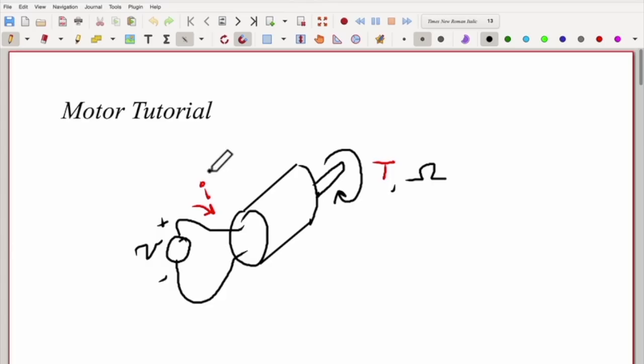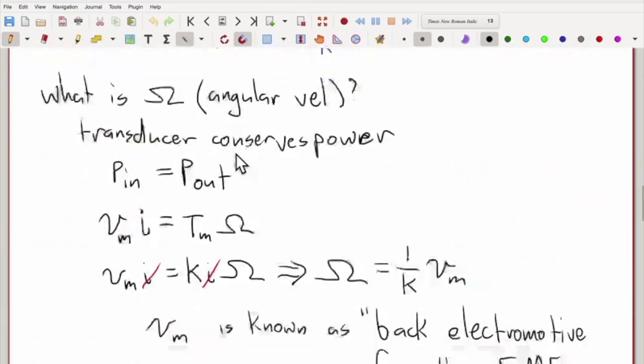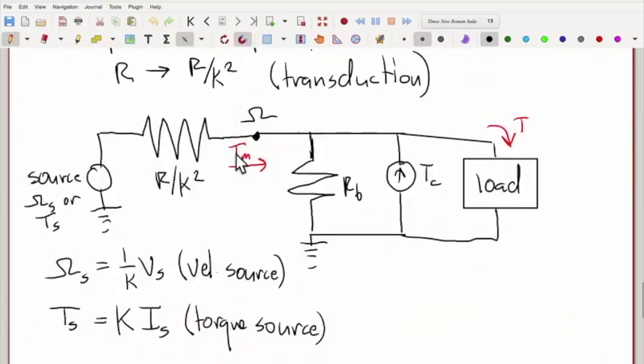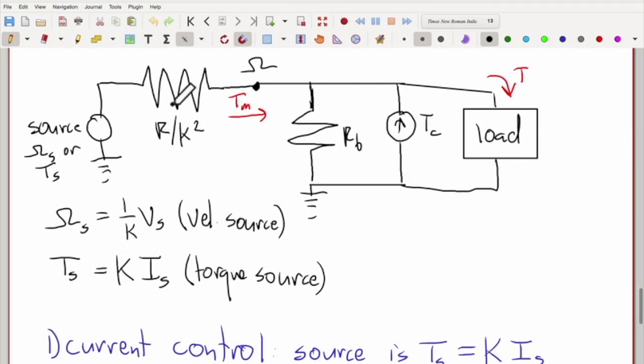In that model, the motor had the very nice feature that its torque output was almost identical in behavior to an ideal torque source, which is to say that the torque coming out of the motor and into the load here, this T, was almost entirely independent of the speed or RPMs, this omega, that the motor was spinning at.